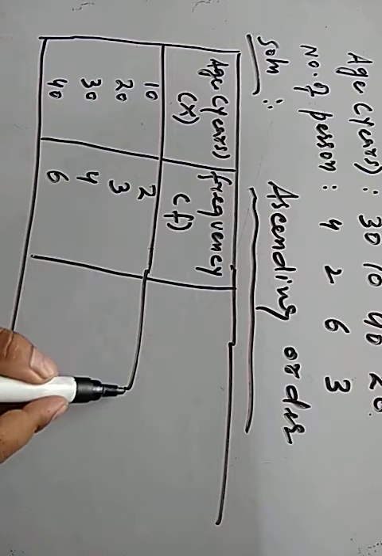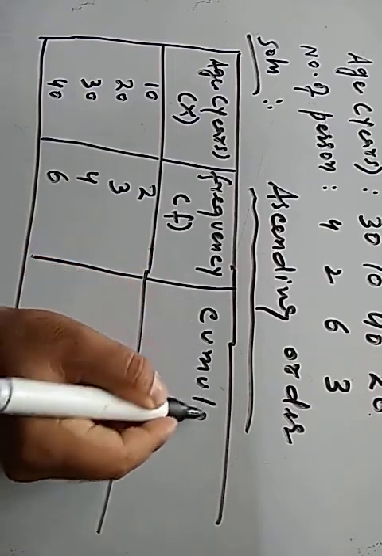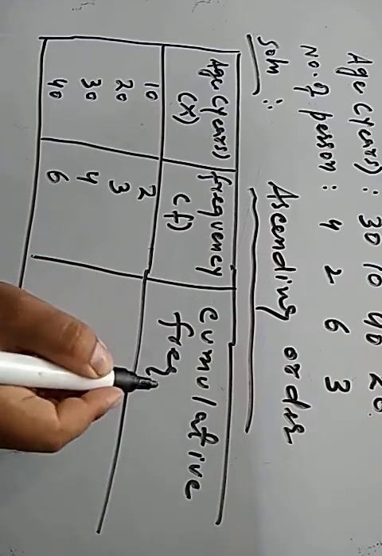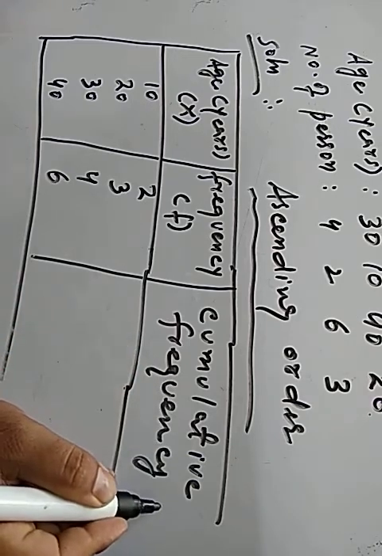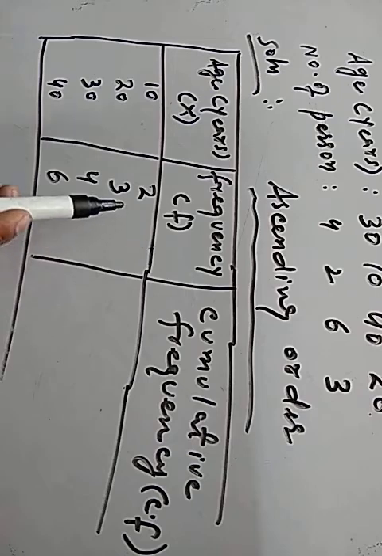And in the last column we have to obtain the values of cumulative frequency, in short CF. On cumulative frequency, I have already given a lecture on how to calculate cumulative frequency from the simple frequency in case of less than method and more than method.